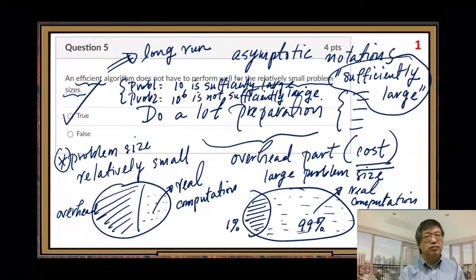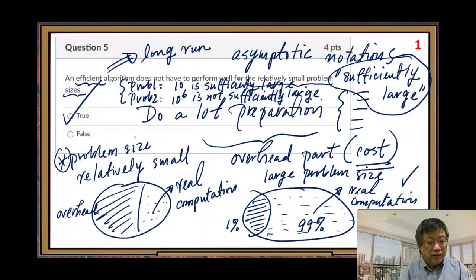After we skip the overhead part, the remaining part is dominated by the real computation part, so we can deal with it using our efficiency formula. All right, so that is the background for this question.